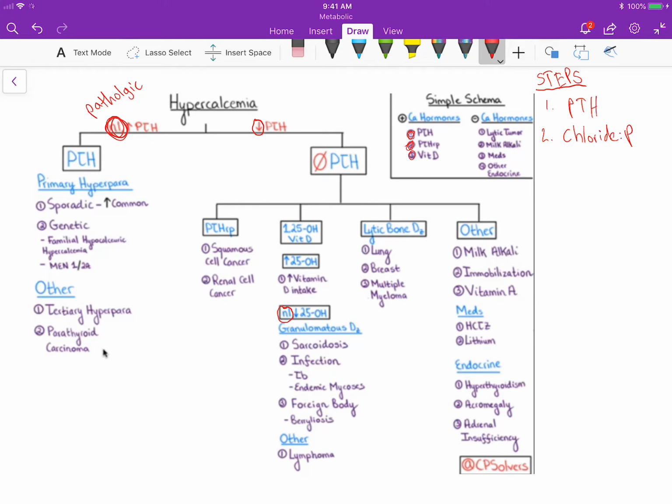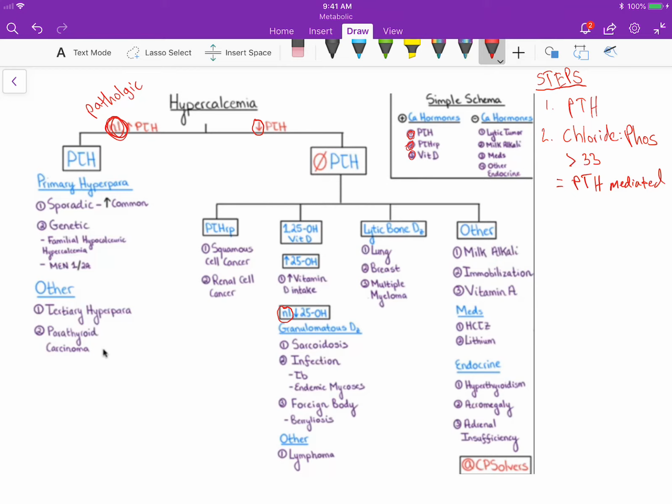Okay. And if this is greater than 33, this equals PTH mediated. And the reason why is that PTH increases the excretion of phosphorus in the urine.